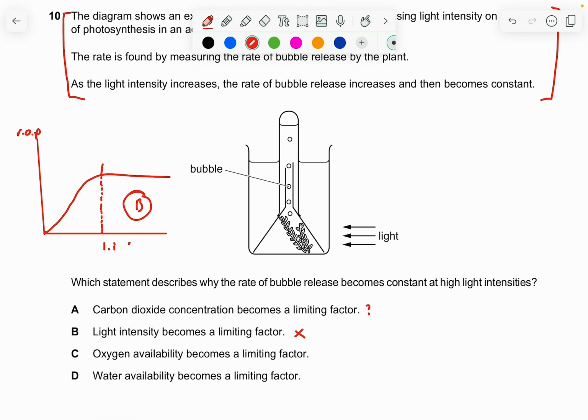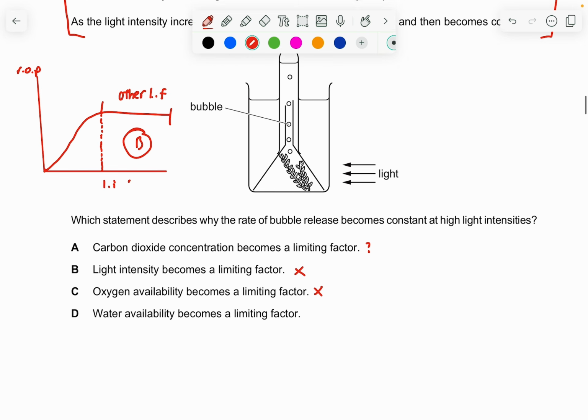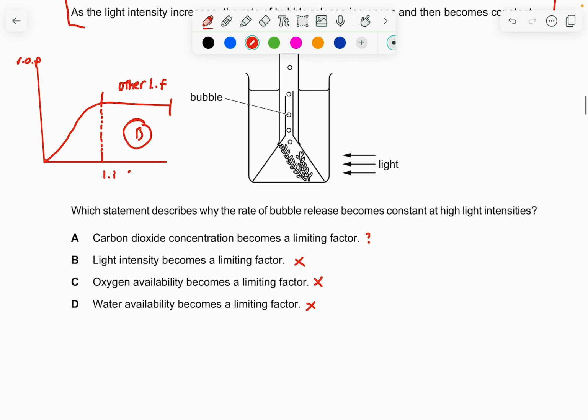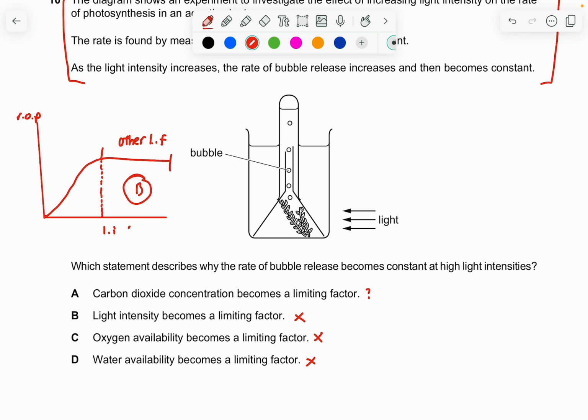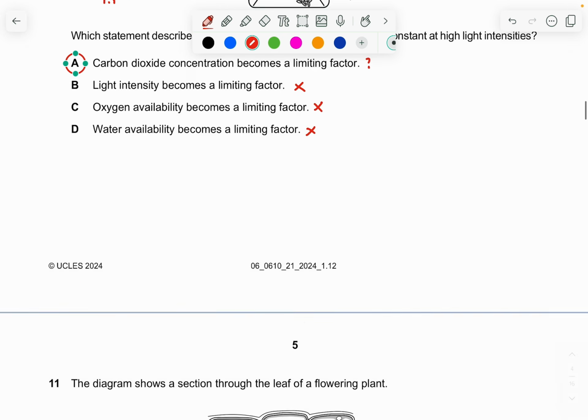So from here onwards, it is other limiting factors other than light intensity for this graph. Okay, oxygen available becomes a limiting factor. No. And water availability becomes a limiting factor. No, because it's still enough, it's still sufficient. And water and oxygen are considered to be very little, they have little effect on the rate of photosynthesis. The major ones are carbon dioxide concentration, temperature, and also light intensity. So the correct answer is A.